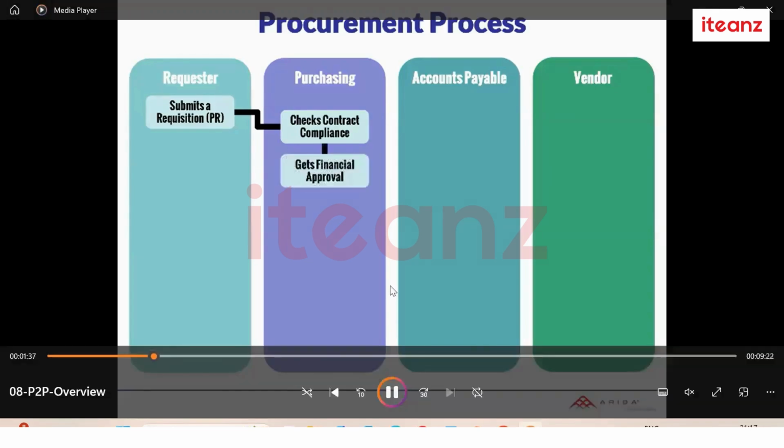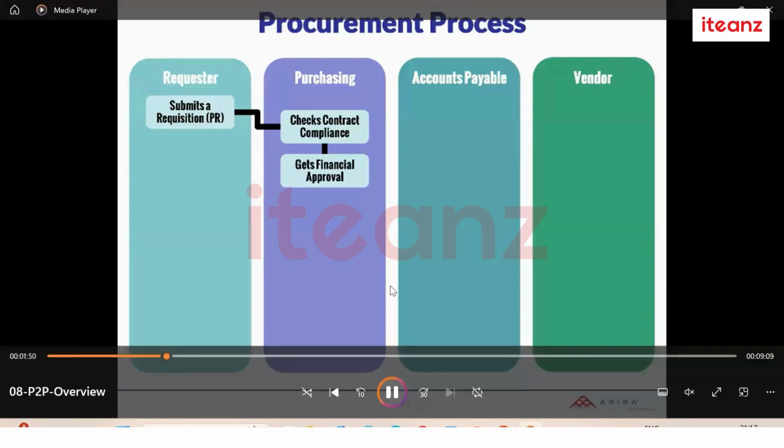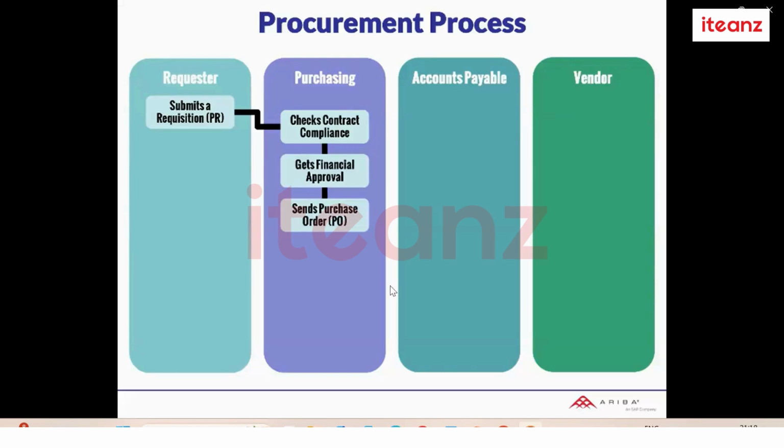Once the contract compliances is done, it gets the financial approval. Once the PR is submitted, the PR needs to be approved. It is done under the purchasing. So send purchase order.